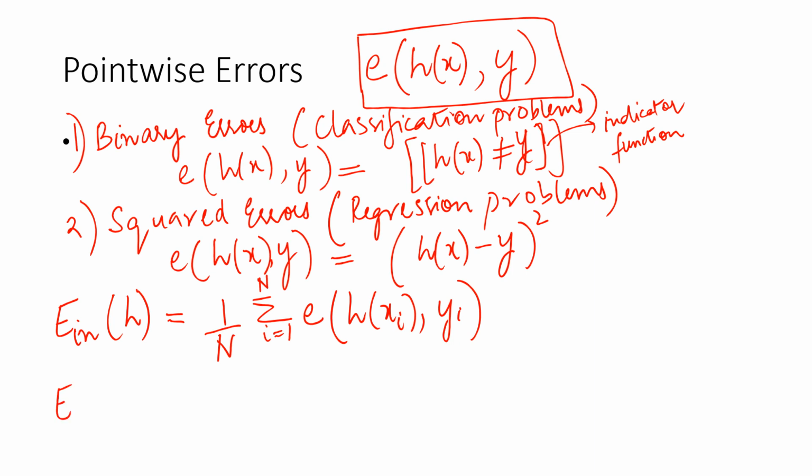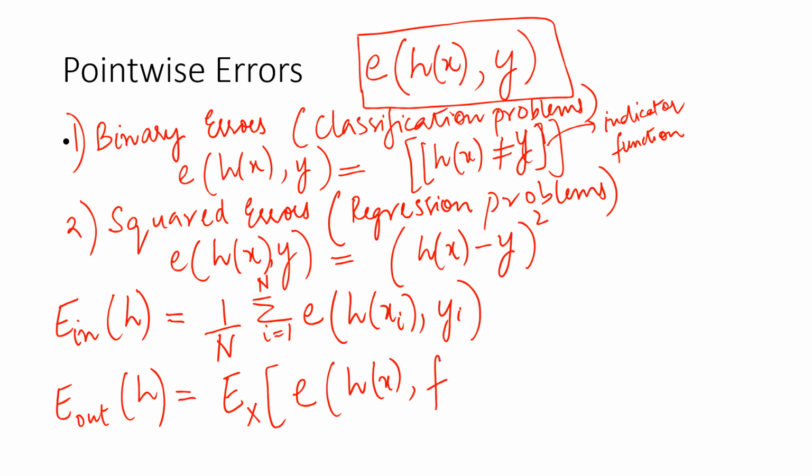Out of sample error is slightly more complicated, but not really, because if you think about it, we don't know much about it because it's in the actual outside data, but we do know the expected value of things. So the entire expectation over x of this pointwise error, whatever problem we are solving, and f of x, because of course this is out of sample error.